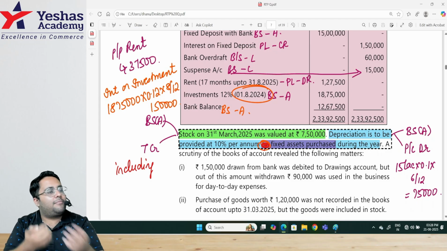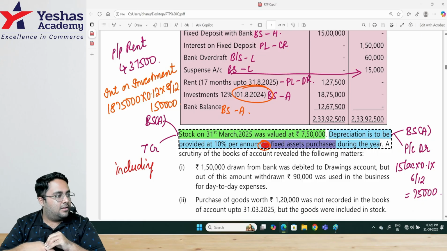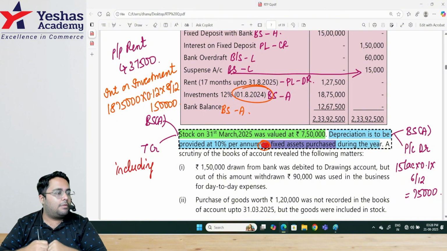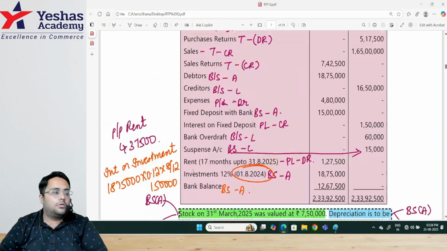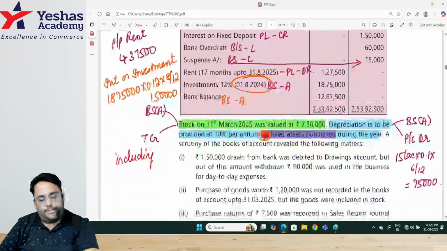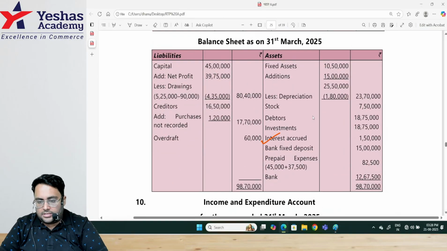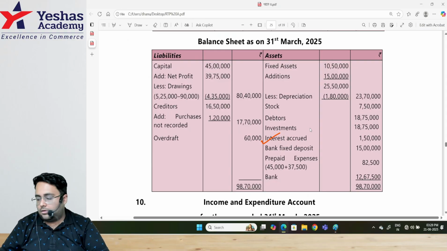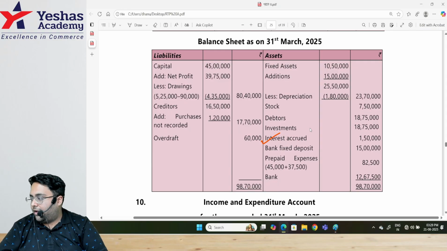Because I did not receive, I'm saying outstanding. Correct. If you have received, where do you get to know? In your trial balance, it will be there. In the trial balance, it is 0. So that's why I'm saying outstanding. So yes, similar treatment over here as well. Is that clear? Yes, sir. With this, we complete final accounts.